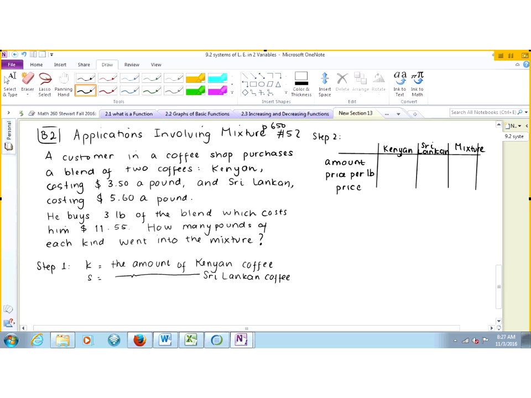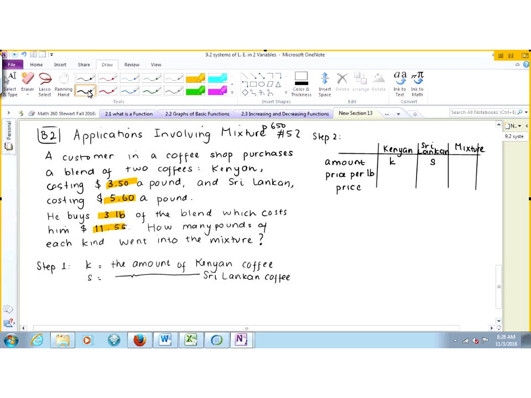For mixture, you always have 3 columns. For distance, rate, and time, you also have 3 columns. So for the amount, what do we use? Do we know the Kenyan? Yeah, but we call it K. This is S. Do you know the mixture, how many pounds?